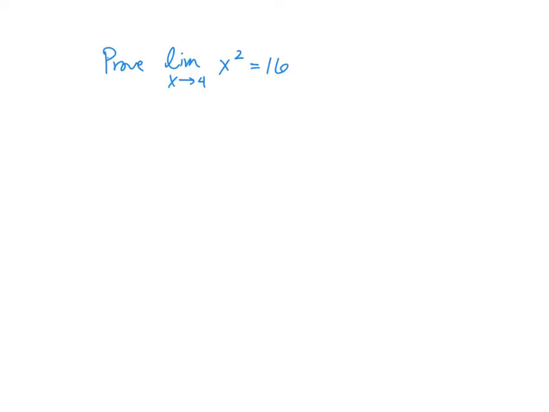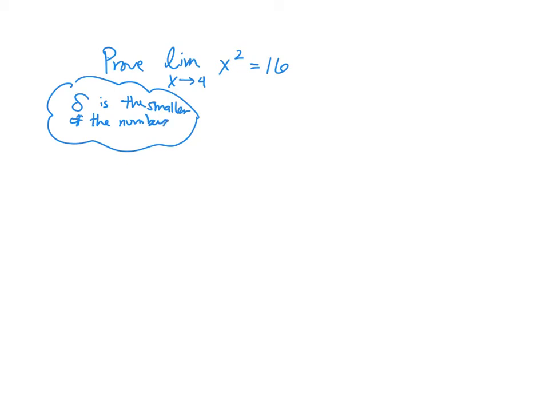So now if I want to prove that the limit of x squared is 16 as x approaches 4, from that scratch work that we just did, we had that delta is the smaller of the two numbers 1 and epsilon over 9.